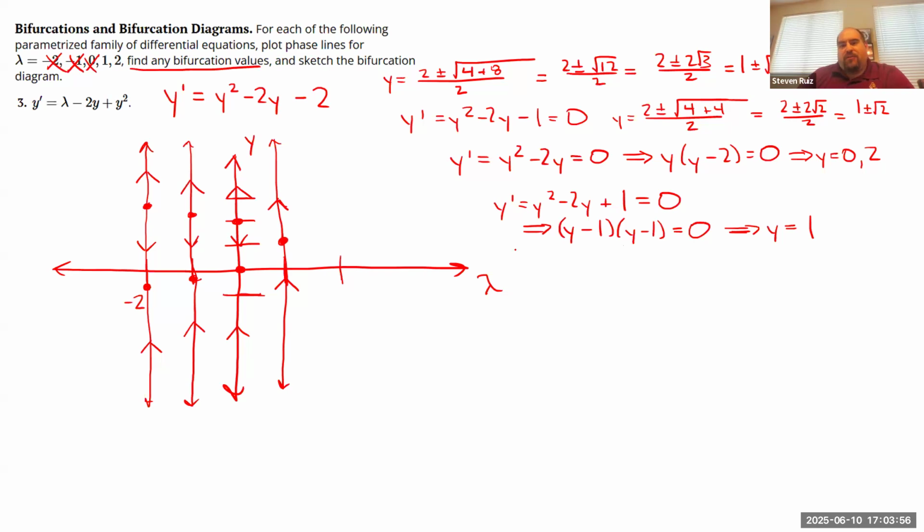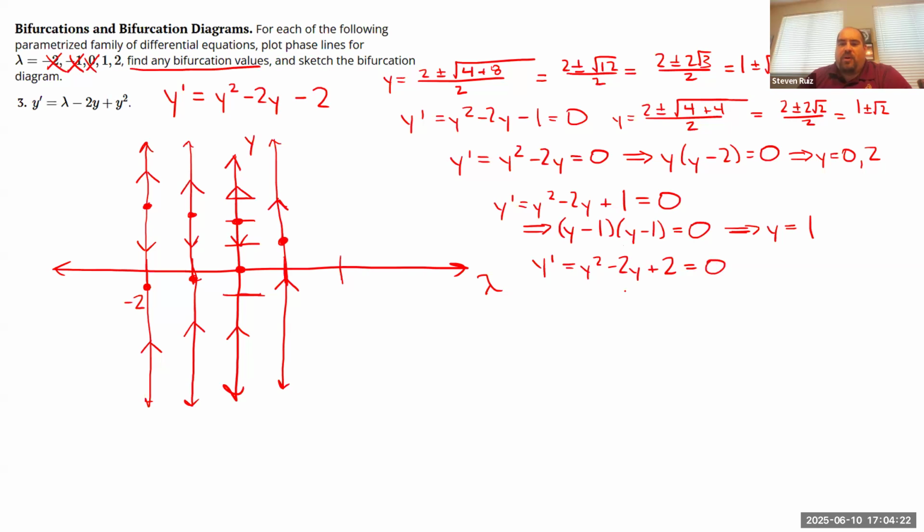All right, so typically at a bifurcation value, you have one equilibrium at that point, and I would expect to have no equilibrium beyond it. So let's see. If I let lambda equal positive 2, so y prime equals y squared minus 2y plus 2 equals 0.